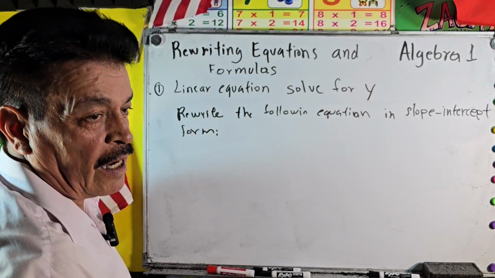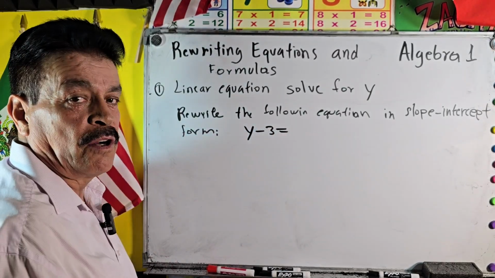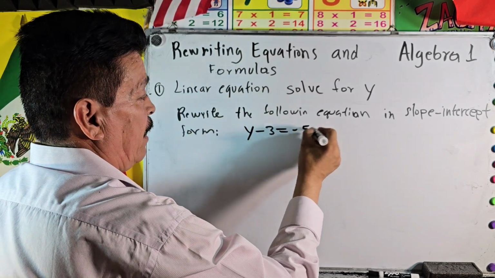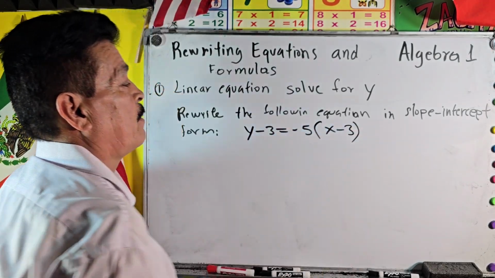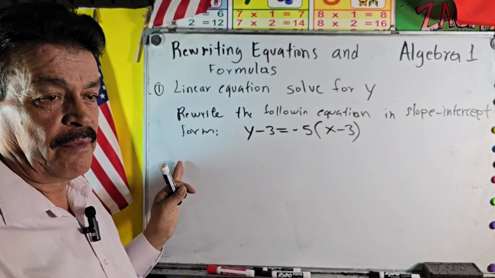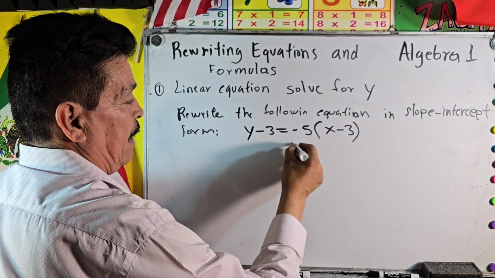Okay, the equation is y minus 3 equals negative 5 times (x minus 3). So we have to rewrite this equation in slope-intercept form.